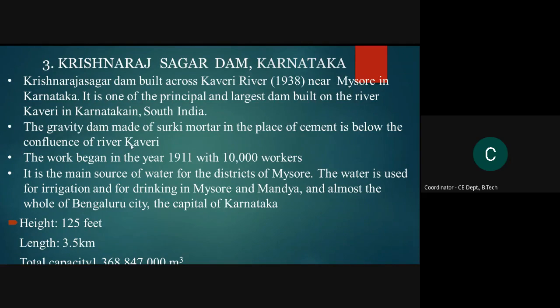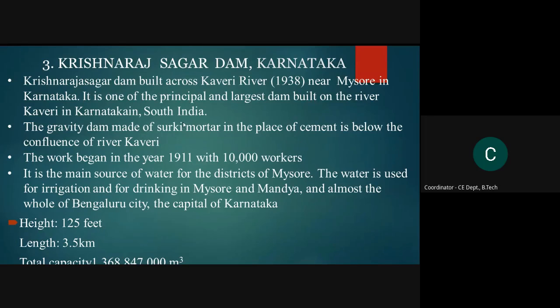The gravity dam is made of surkhi mortar. At that time, around 80 years ago, surkhi mortar was generally used in place of cement. So surkhi mortar has also been used in constructing this dam.